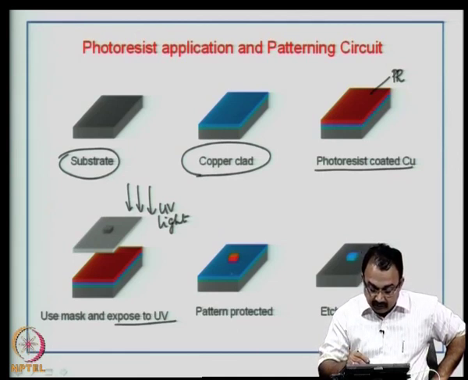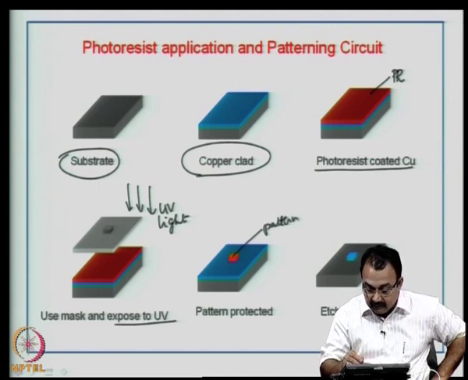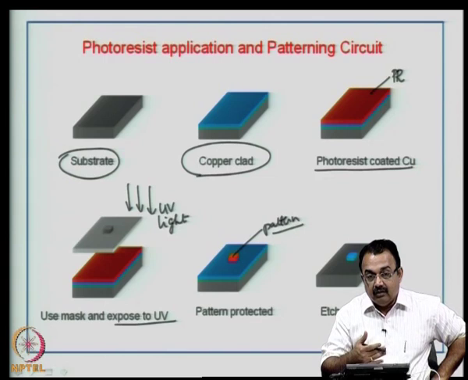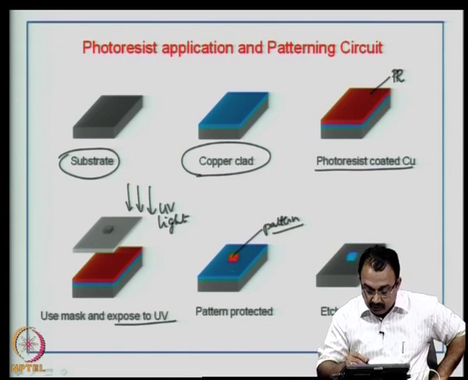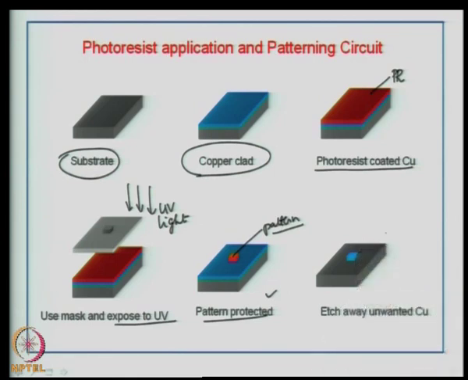You can see the pattern, the red one, this is the pattern that is protected. Here it depicts a pad, but you can have multiple pads, multiple tracks depicting a circuitry. This is just an example to show an area of a circuit or a pattern that is protected. The other areas can be removed after the developing process.